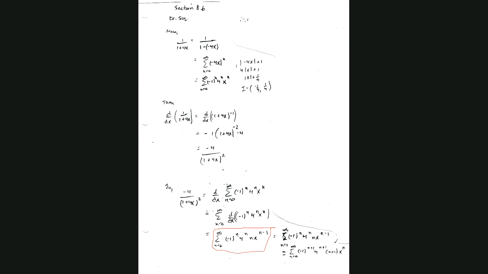In other words, the series on the left starts at n equals 0. The series on the right starts at n equals 1. Oh my God, how can those two power series be equal? How can that be? Does anyone have an idea?